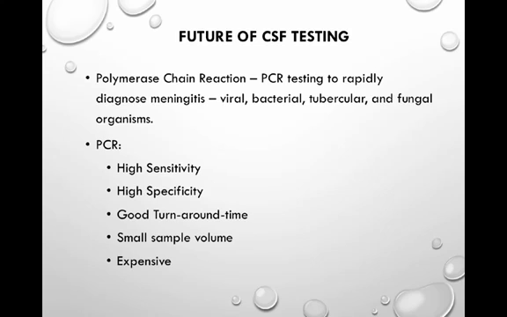It may also mean saving patients' lives because appropriate therapy can be started much faster. So PCR is currently useful in diagnosing viral meningitis caused by EBV or CMV and tubercular meningitis. Bacterial meningitis, they're currently studying and developing more test specifics for bacteria.